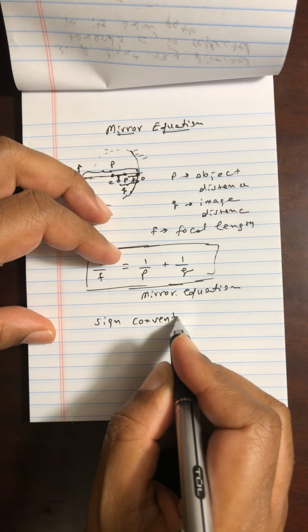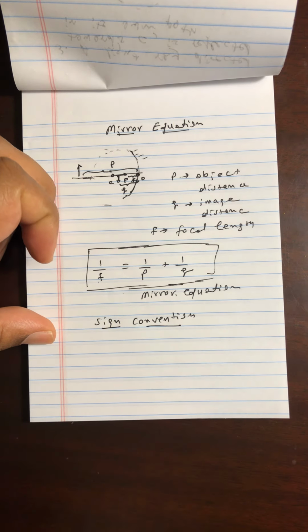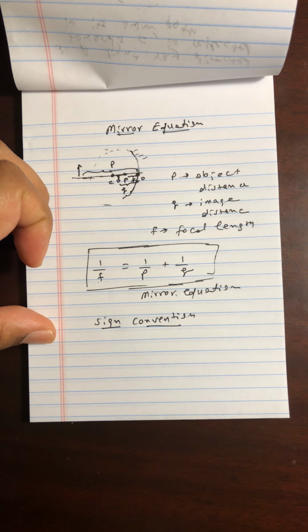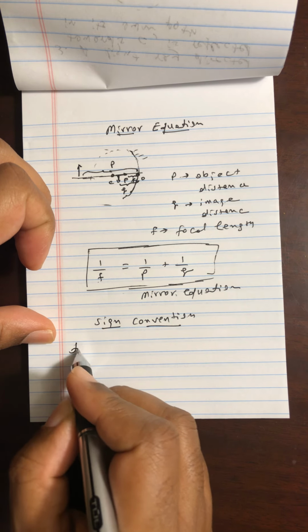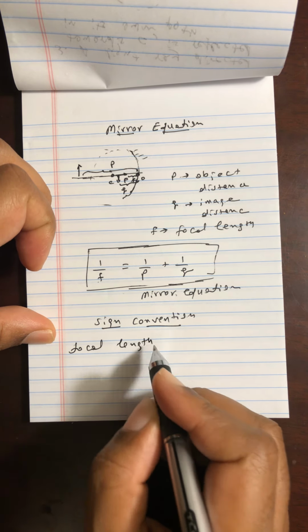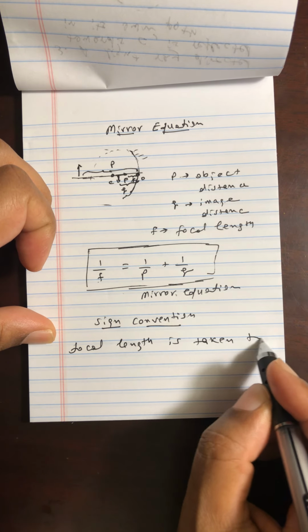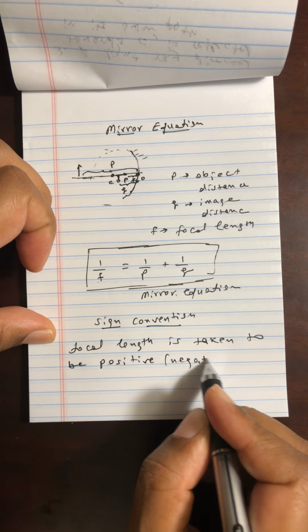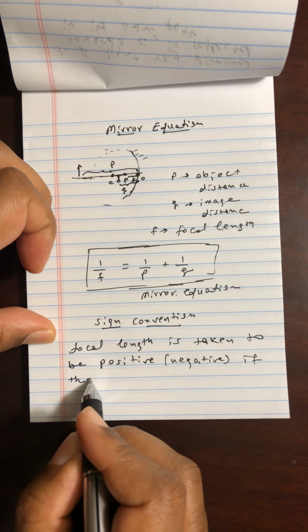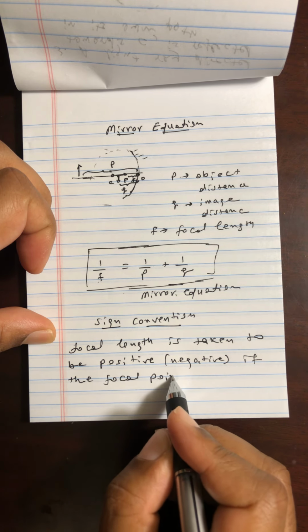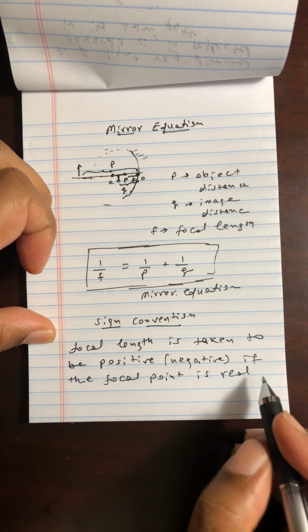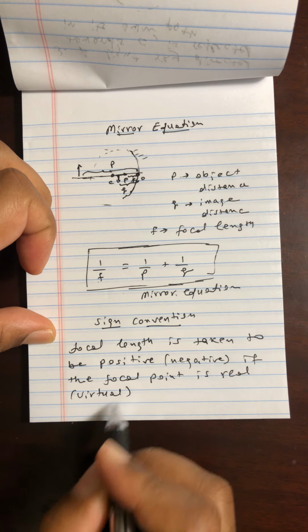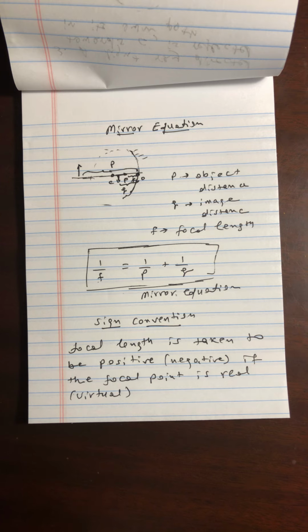The focal length, this one over here, is taken to be positive if the focal point is real, and it's taken to be negative if the focal point is virtual.